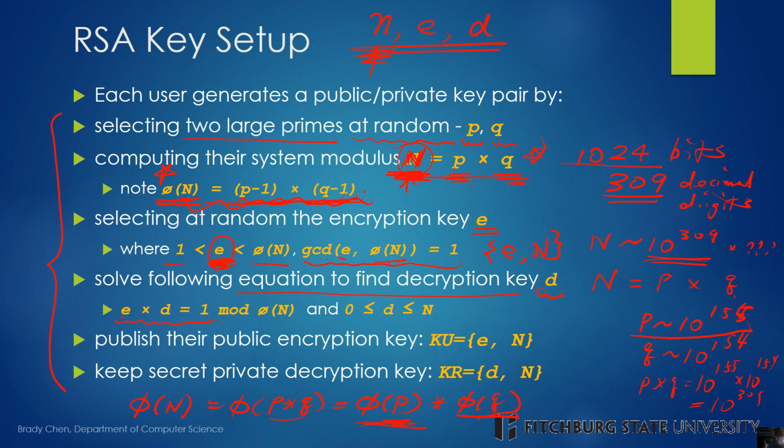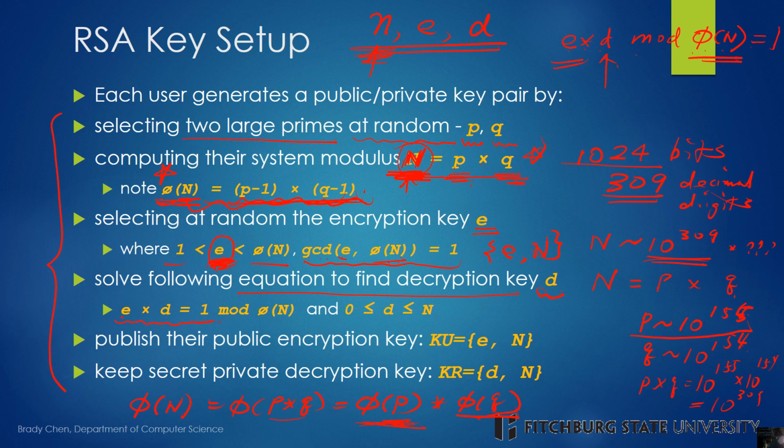In other words, we know E and we know phi of n, and we try to find the d such that E times d modulo phi of n equals 1.